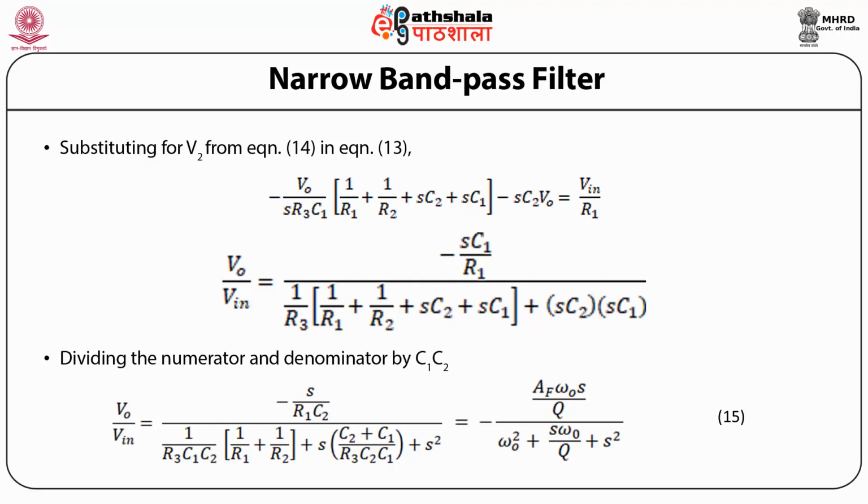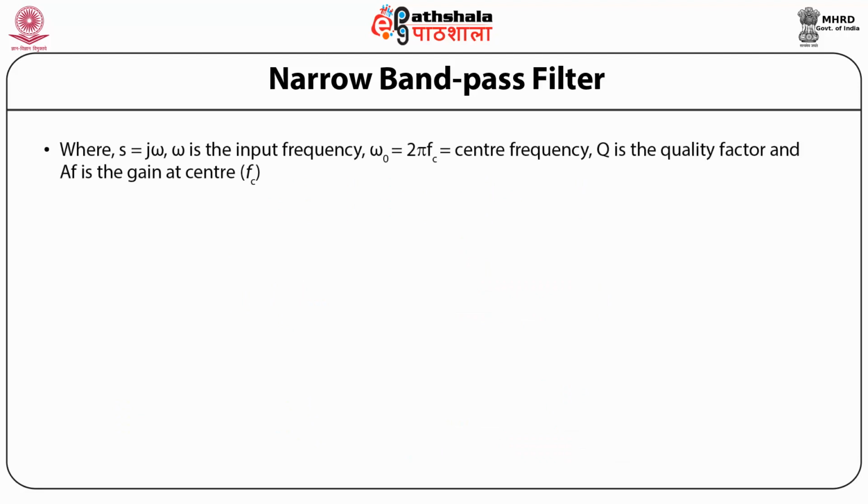This can be simplified to obtain V0 by Vn equal to minus AF into omega naught S by Q divided by omega naught square plus S omega naught by Q plus S square, where S is equal to j omega and omega is the input frequency.